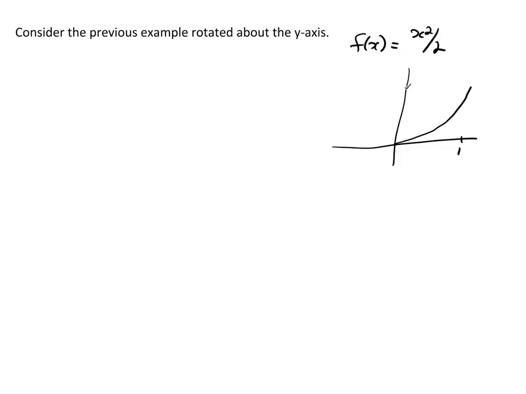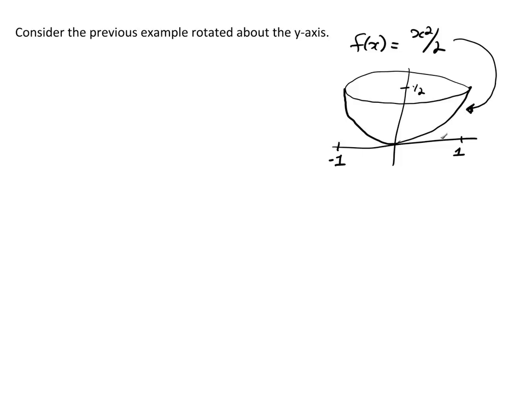See, it was 1. This is a half. Only this time I'm going to revolve it around the y-axis, so it's going to look something like this. Come out here to negative 1. So x squared equals 2 is right here.